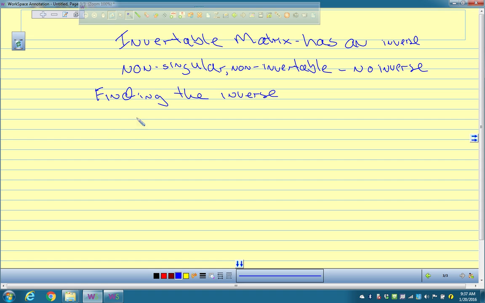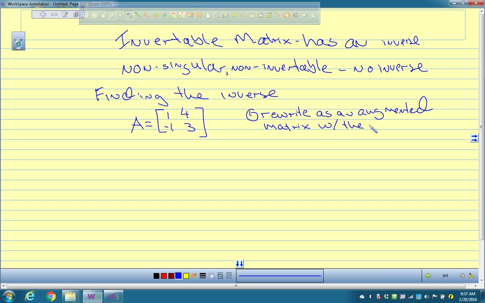So if you have A equals 1, 4, negative 1, 3, what you do is first you rewrite as an augmented matrix with the identity matrix on the right side.